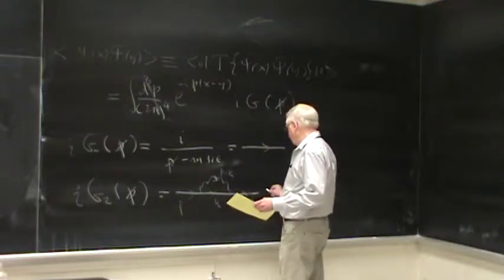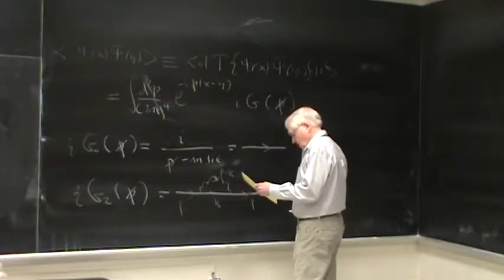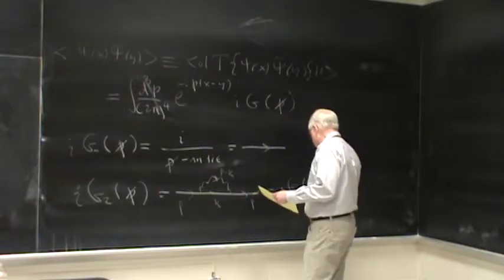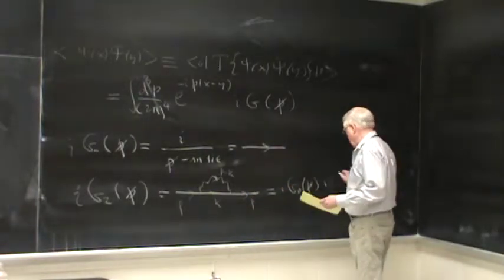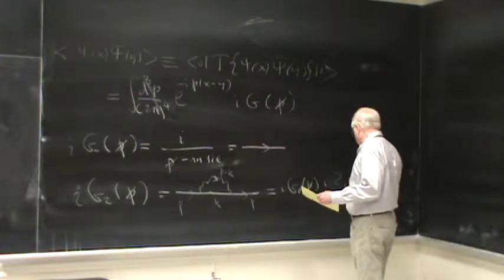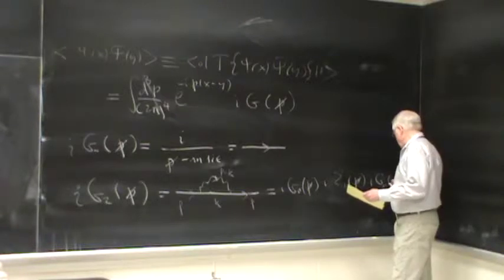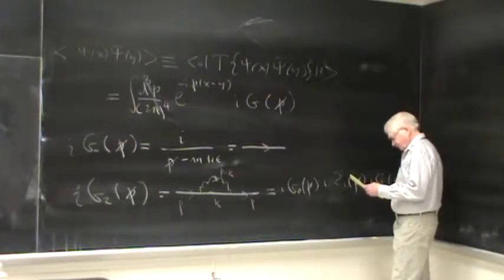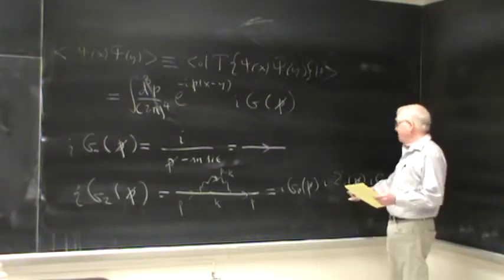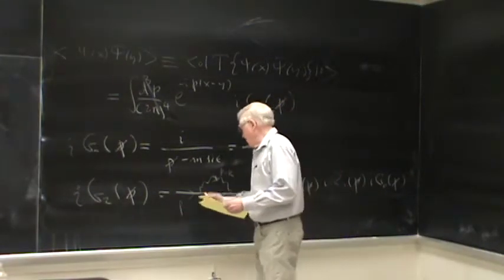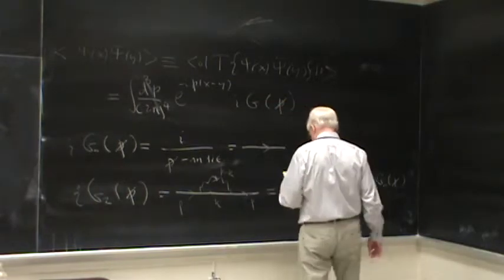All right, well, we can write this as iG0 of p slash, i sigma 2 of p slash, iG0 of p slash. And the sigma 2 then is basically this Feynman diagram here without those propagators.